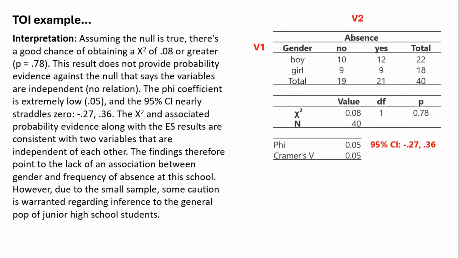We have a total sample size of 40, which is relatively small if you attempt to divide that 40 up into 4 different compartments or cells. So, due to the small sample, some caution is probably warranted regarding inference to the general population of junior high school students.